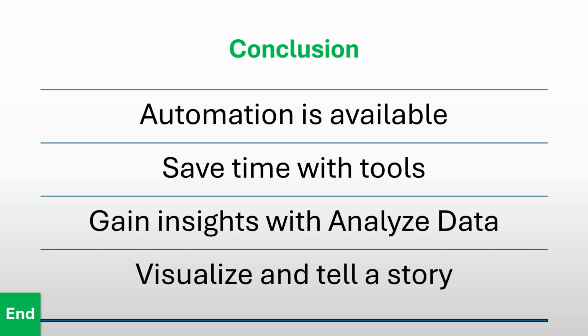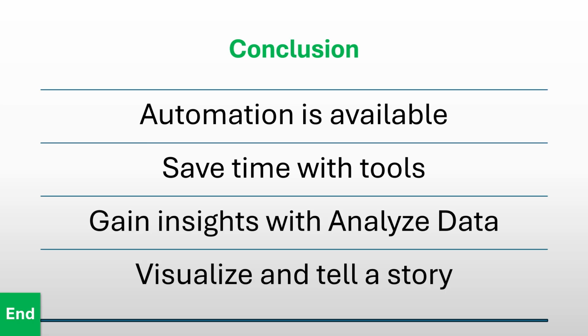Well, congratulations on completing the course. Just wrapping up here, just remember that automation is available. So between the quick analysis tool and the Analyze Data tool, a lot of automation is available. Even when we're building our pivot table, we can just click on the check boxes and Excel will build the pivot table for us. So this entire course is just based on being able to create visuals and save time with these different tools.